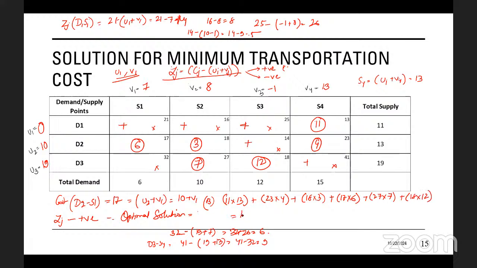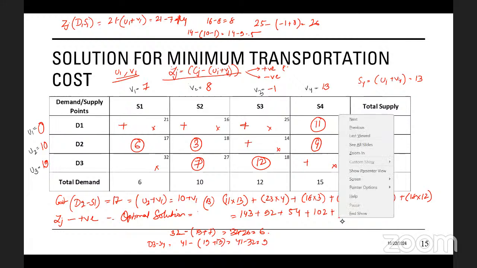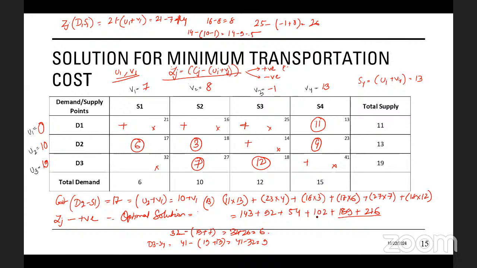So this comes out to be 143 plus 92 plus 54 plus 102 plus 189 plus 216. Adding these up: 189 plus 216 is 405, plus 102 is 507, plus 54 is 561, plus 92 is 653, plus 143 is 796.